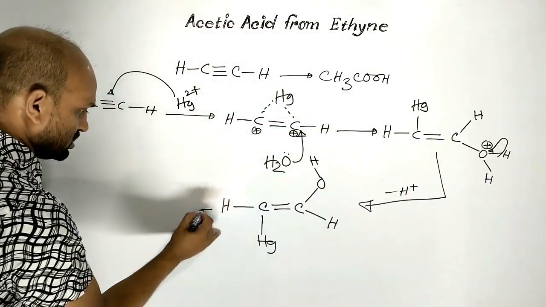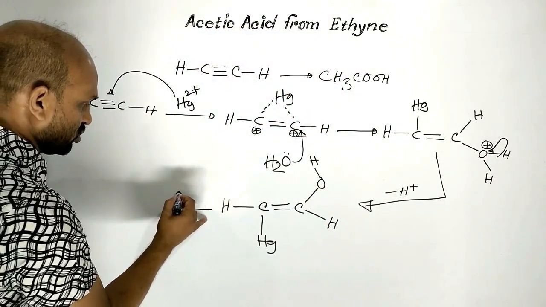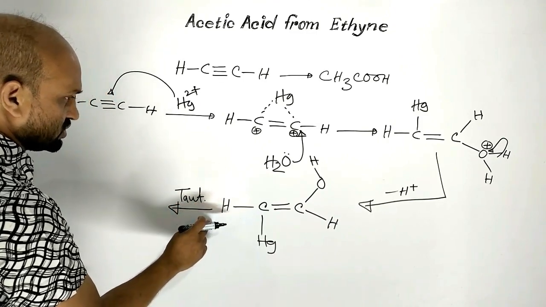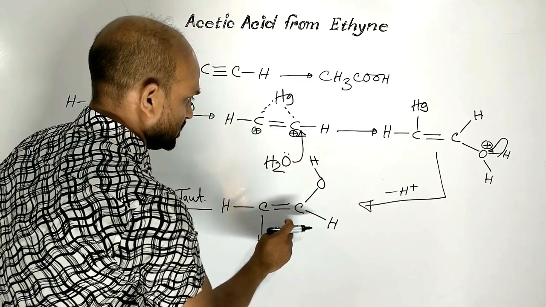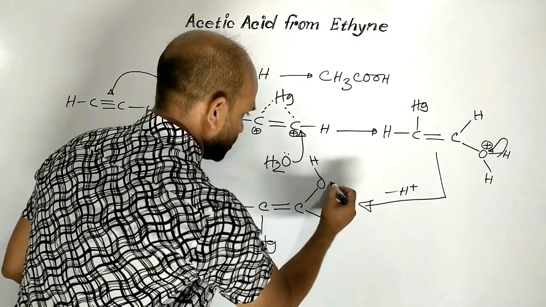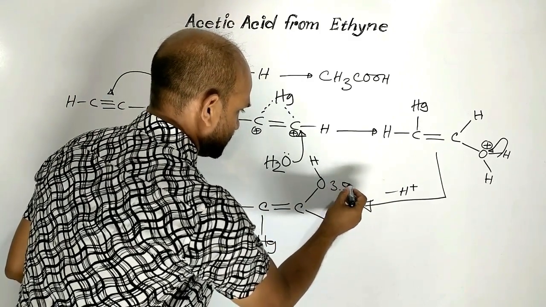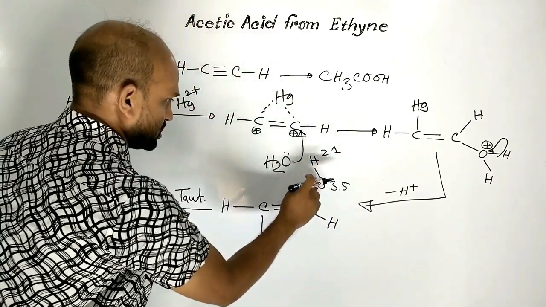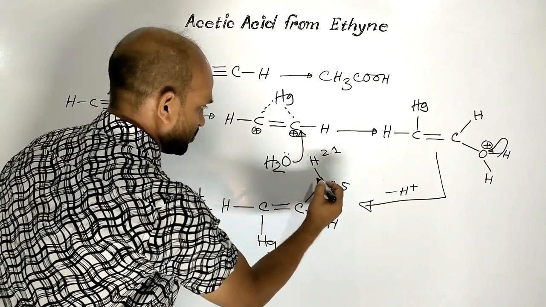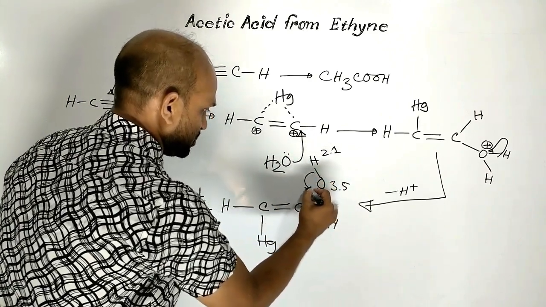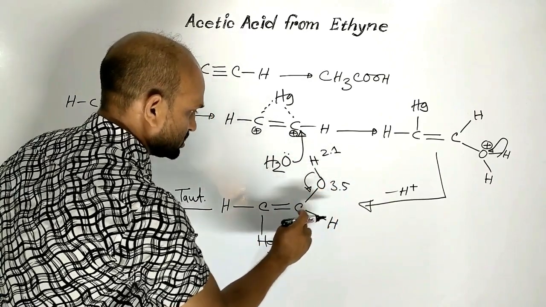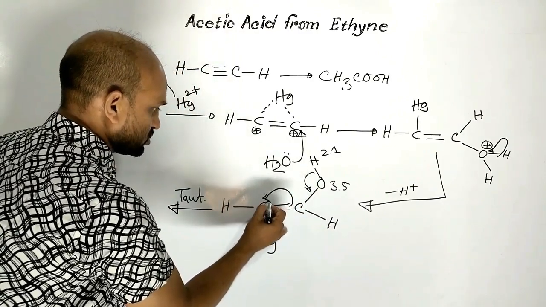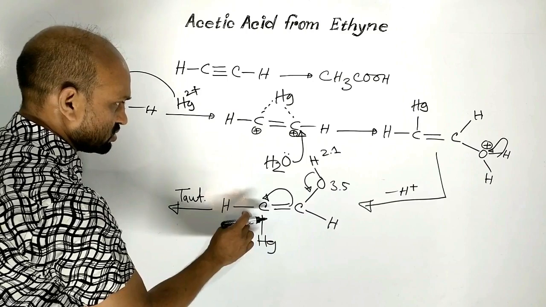Then this entity undergoes tautomerism in this way. Here electronegativity of oxygen is 3.5, hydrogen is 2.1. So this oxygen hydrogen bond shifts here to form carbon oxygen double bond. Covalently bonded electrons move towards this carbon.